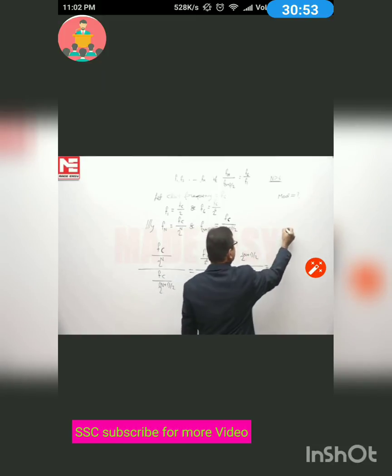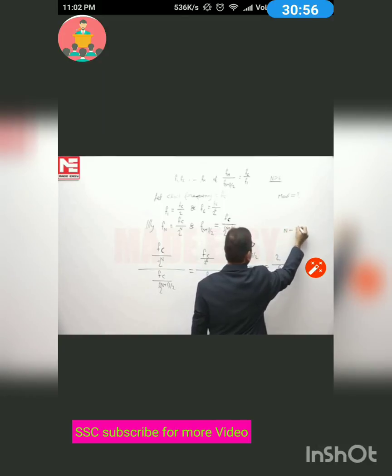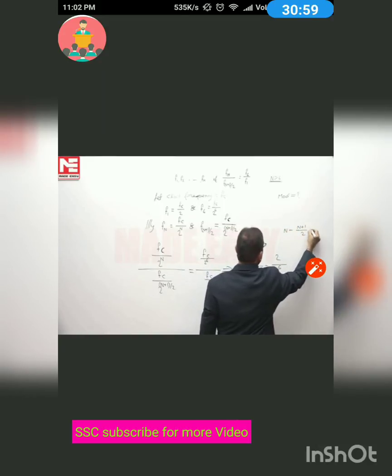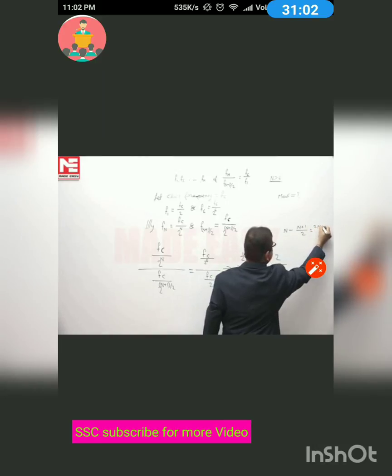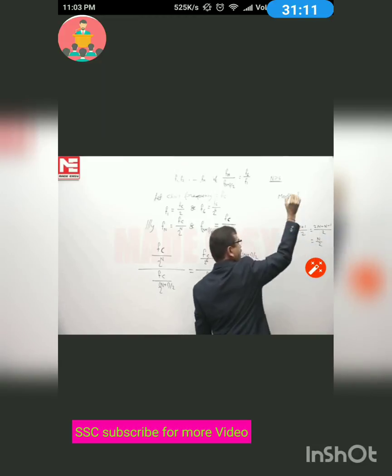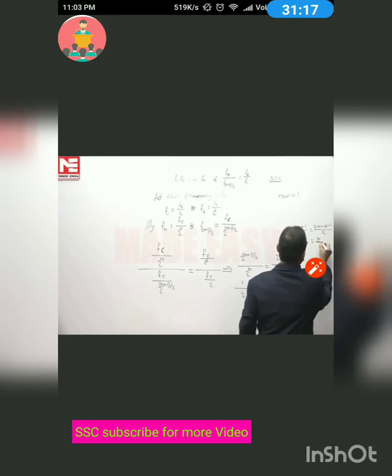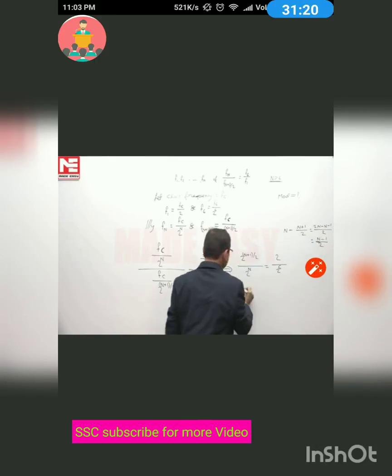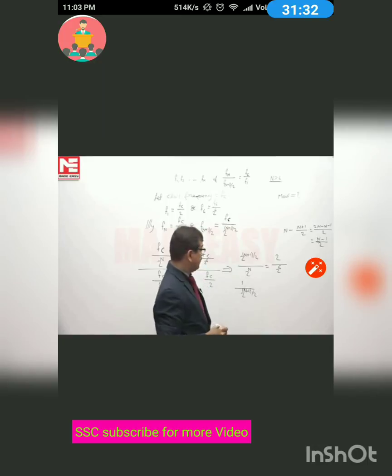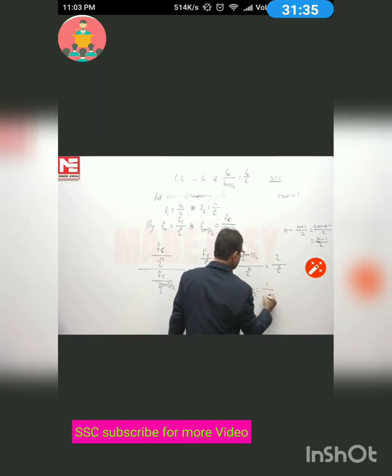So you can look here, it is coming to be n minus (n+1)/2, so that it is 2n minus n minus 1 by 2. So effectively it is n minus 1 by 2. It is coming to be 1 upon 2 to the power of (n minus 1)/2 is equal to 1 upon 2 to the power of 5.